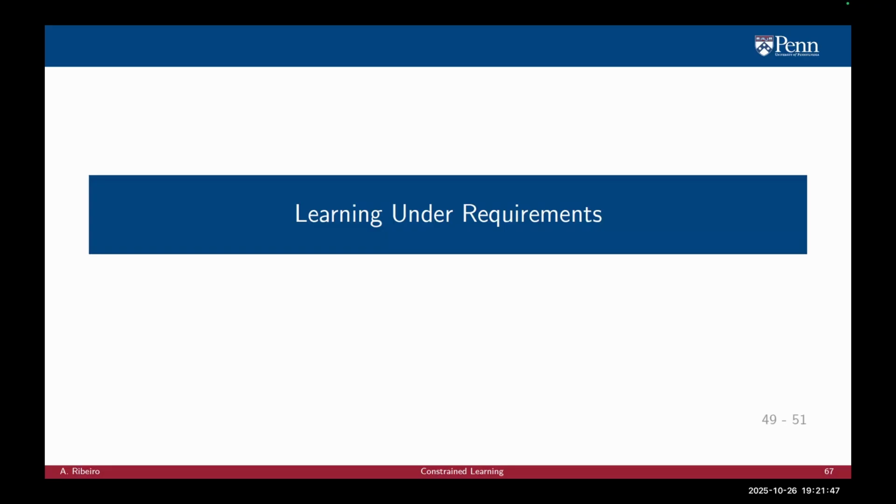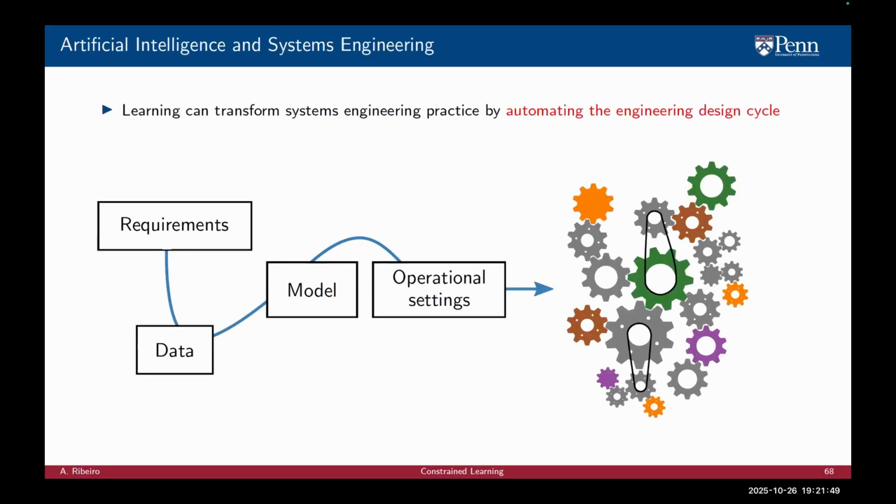So this talk has been about the idea of learning under requirements, learning with constraints. I don't know if you have ever seen this, but this is the diagram that you would see in a first course on systems engineering, okay? They will tell you, you specify requirements, you acquire data, you make a model, you choose your operational settings.